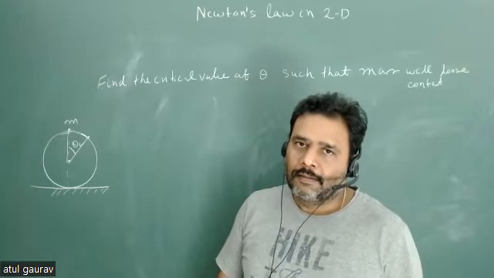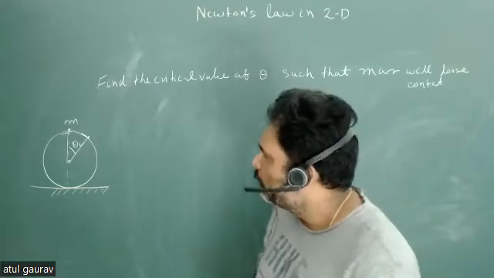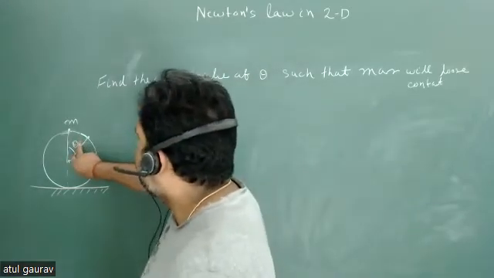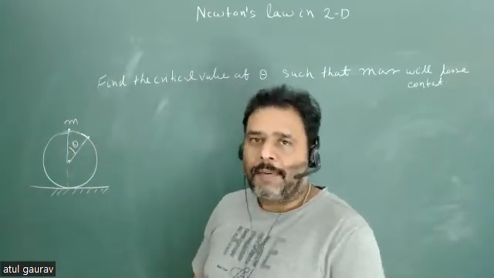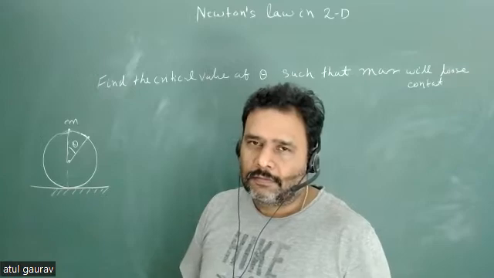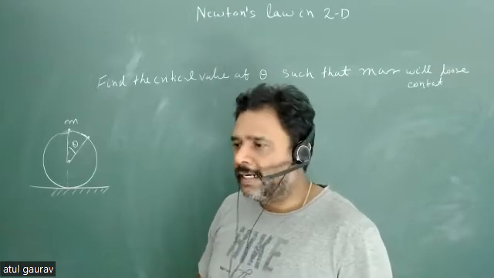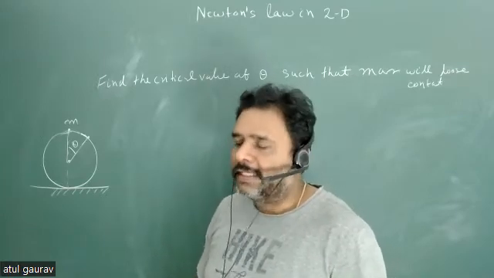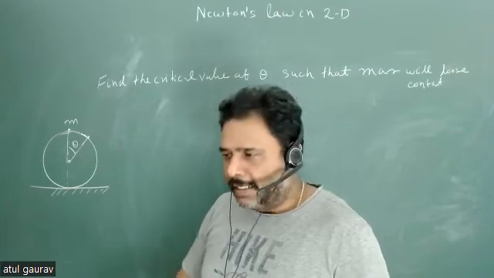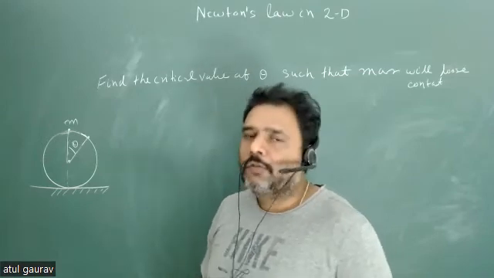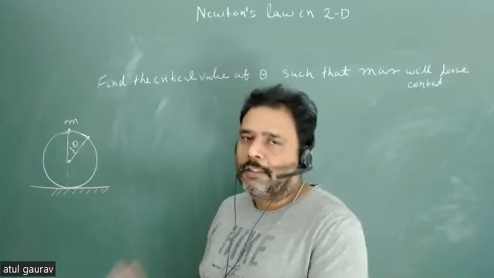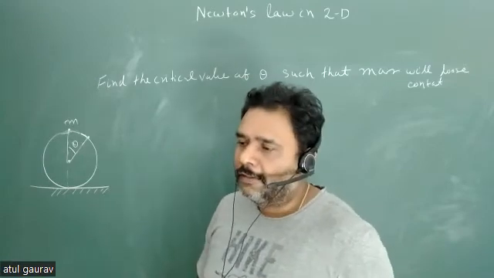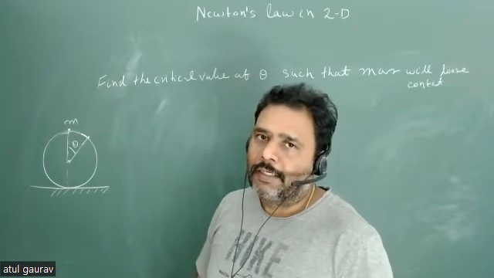So what you have to do, you have to just write the equation of motion in r cap and theta cap direction, and then you can use the equation of constraint and the condition where normal is equal to 0. Obviously, you can calculate it.